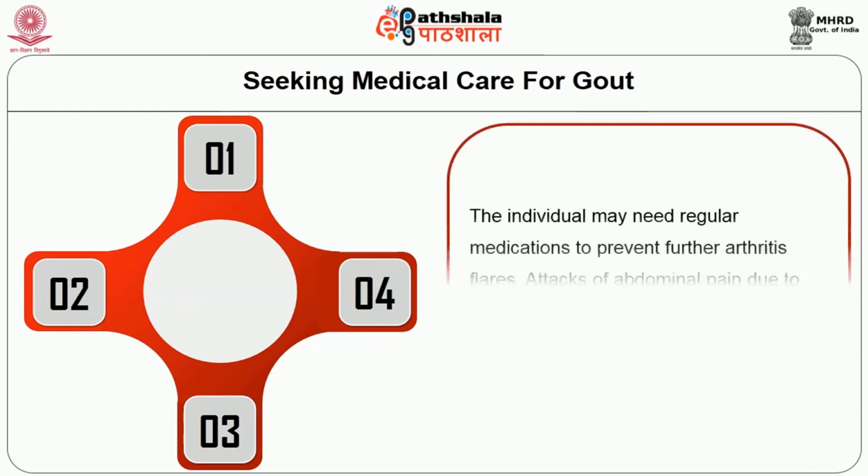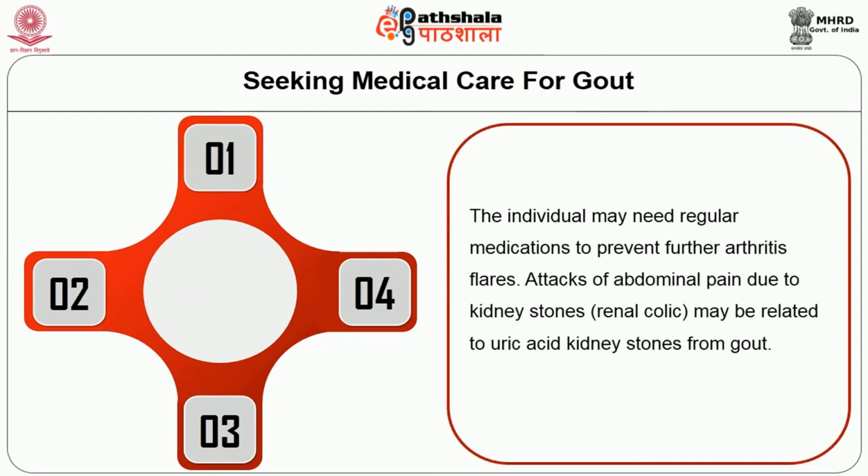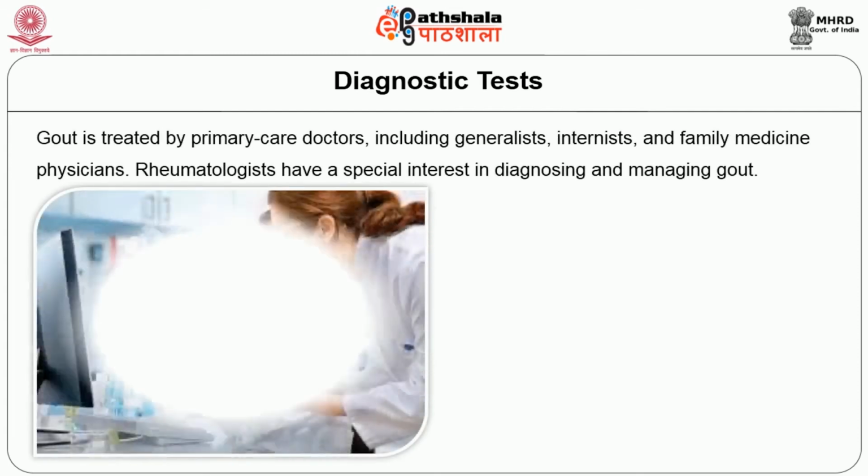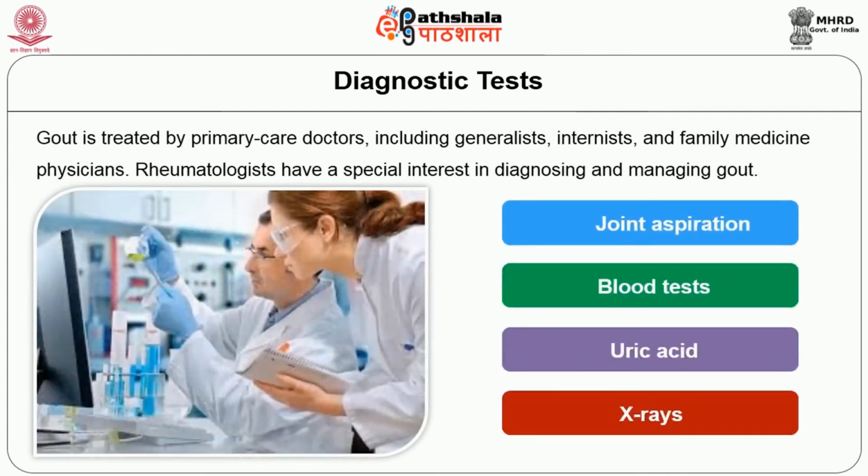Attacks of abdominal pain due to kidney stones may be related to uric acid and kidney stones from gout. There are a few diagnostic tests available. Gout is treated by primary care doctors, including generalists, internists, and family medicine physicians. Rheumatologists have a special interest in diagnosing and managing gout.